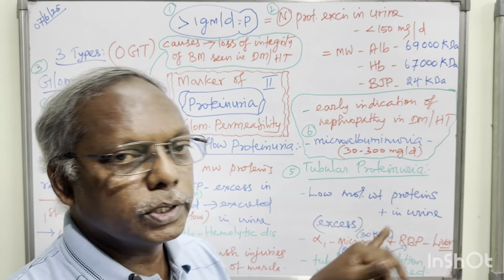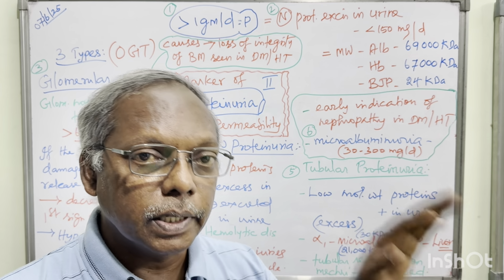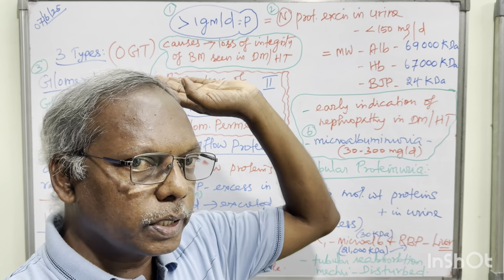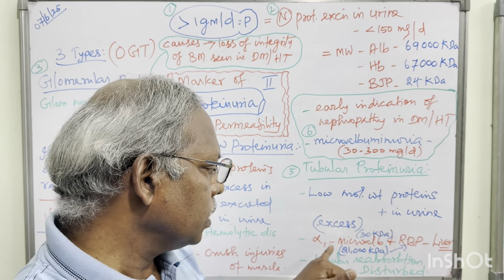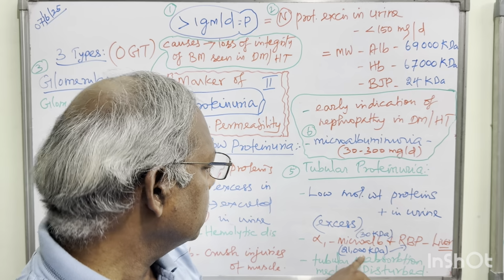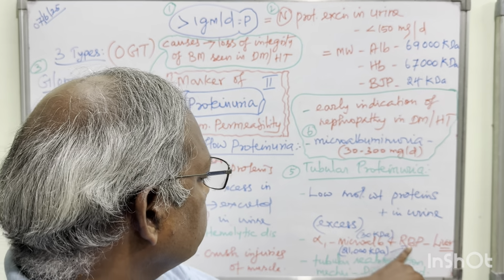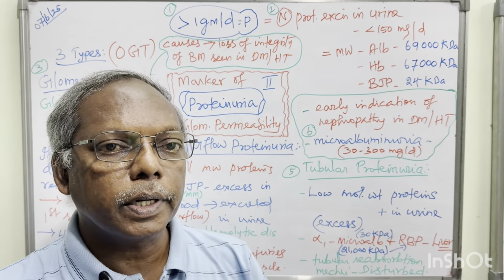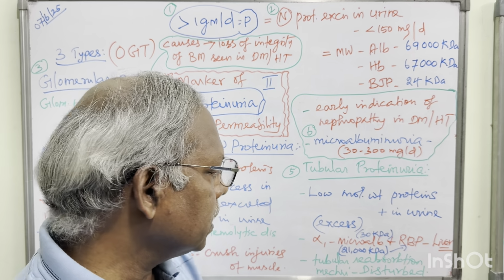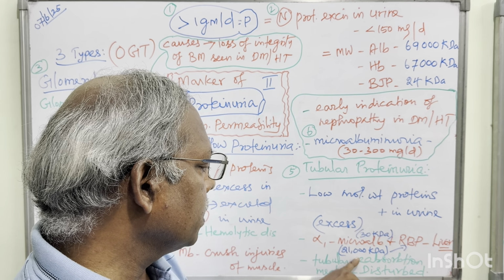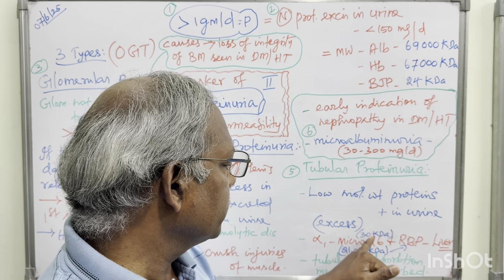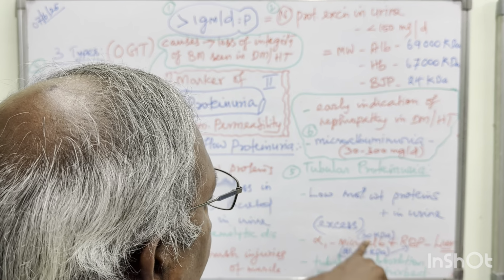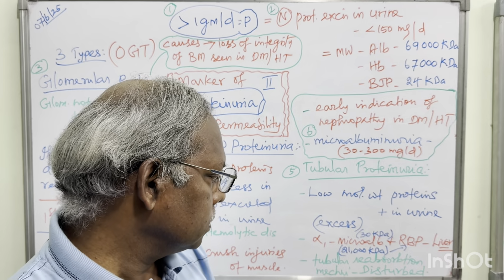Here the important MCQ is that these two are synthesized from the liver. Plasma proteins are also synthesized from the liver. Sometimes they will ask in MCQ that alpha 1 microglobulin and retinol binding protein, these two are synthesized from the liver. Here the molecular weight for retinol binding protein is 21 kilodalton, whereas alpha 1 microglobulin is 30 kilodalton.